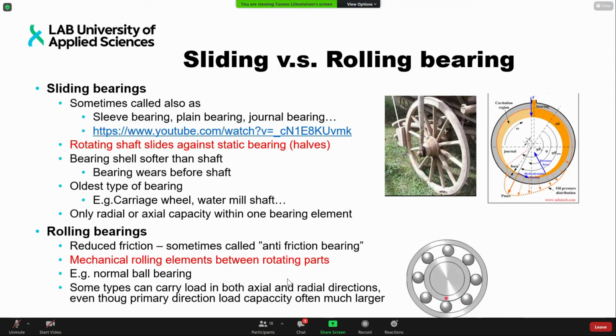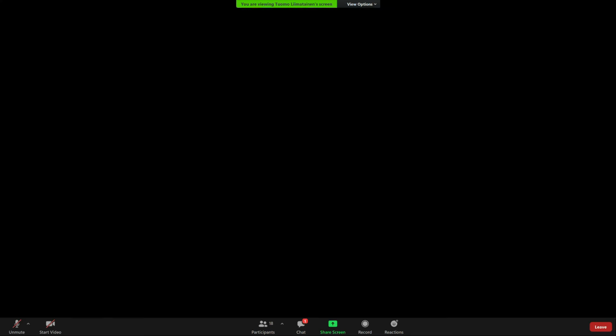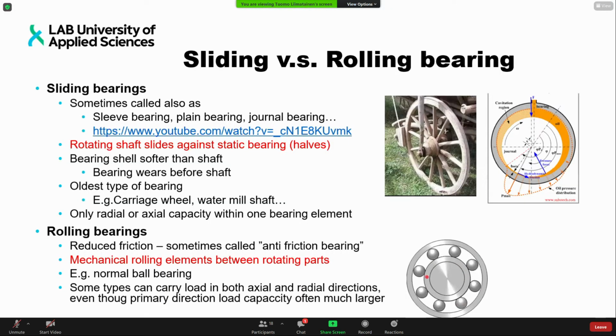And as mentioned, it means that we have mechanical rolling elements between rotating parts, and a good example is a normal ball bearing, as we can see in the figure here. Some bearing types, like the normal ball bearing, can carry load in both axial and radial directions, but in those cases usually one direction, either axial or radial, is larger.